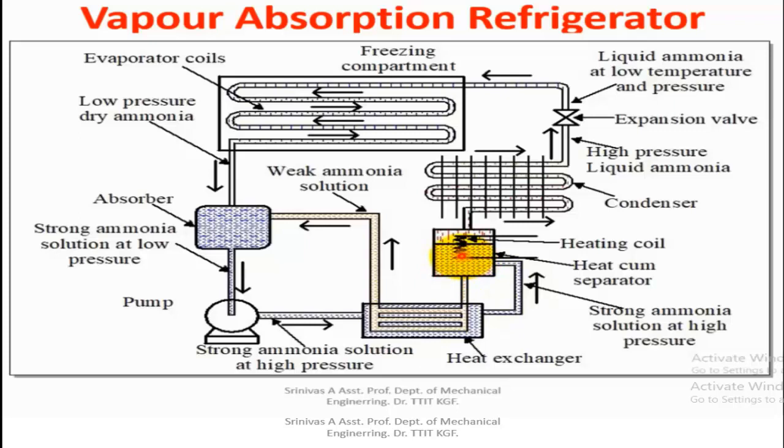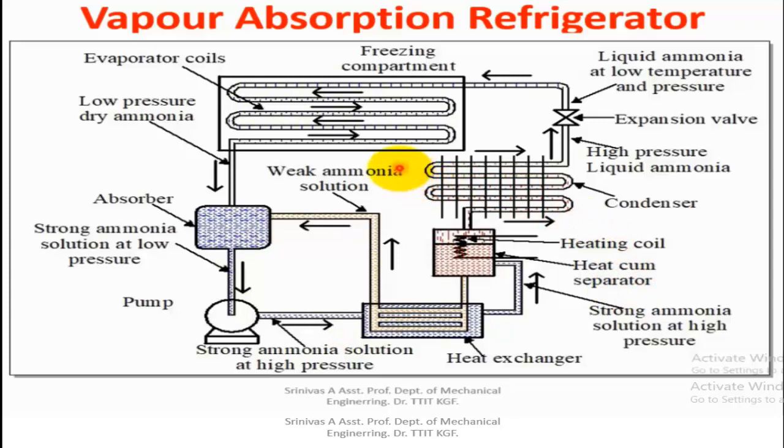The ammonia vapor gets discharged from this solution, and it becomes a weak solution. This weak solution is again sent back to the absorber. So like this are the ammonia solution flow cycle and the ammonia flow cycle. These are the two cycles.